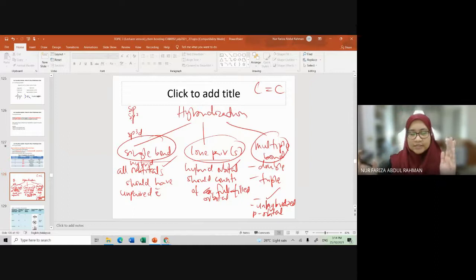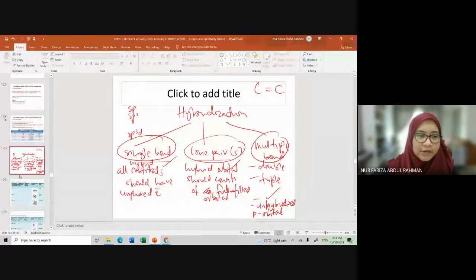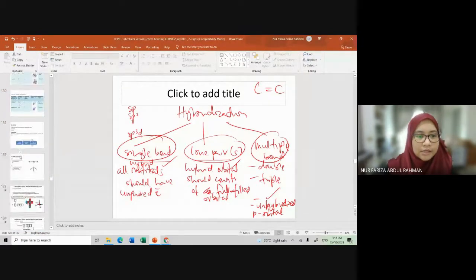Later, the unhybridized p from one atom and the unhybridized p from another atom will combine, the orbitals will overlap, and they will form a pi bond.